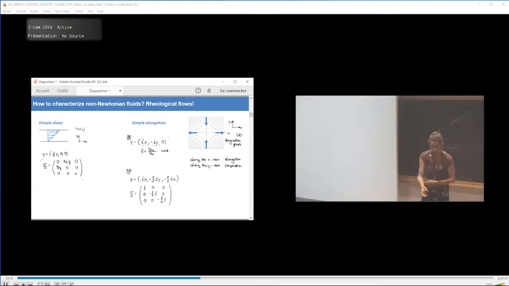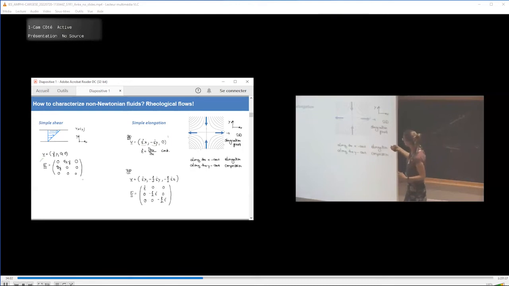So if I look at how the streamlines look in an elongational flow, we would typically describe this as a stagnation point flow. A stagnation point flow is something where fluid comes in from two directions. Here it's drawn in 2D, and it goes out in the two others. This is actually the same thing that happens in the filament. If you stretch the filament, it's like you bring fluid out in this direction and fluid comes in from the side, okay?